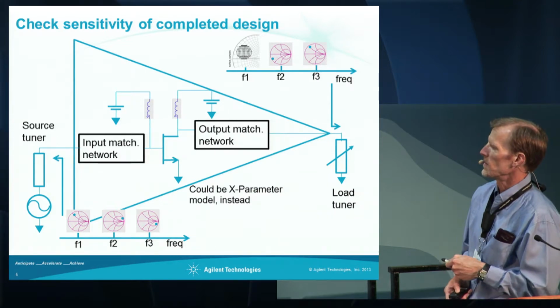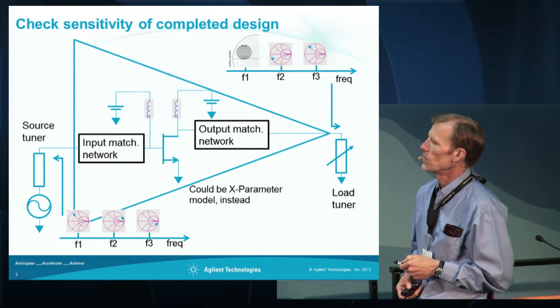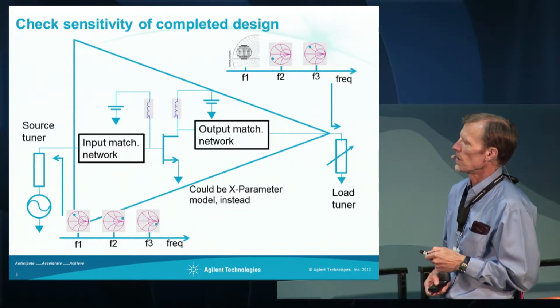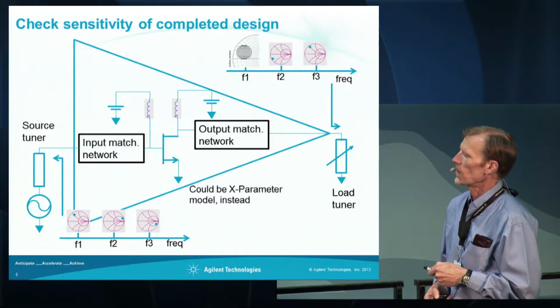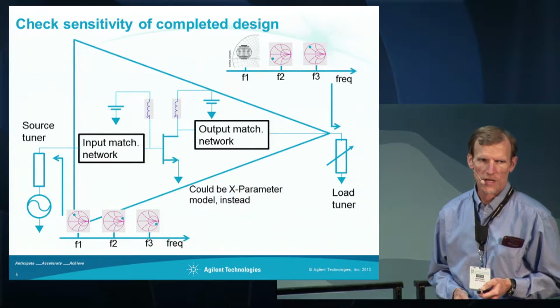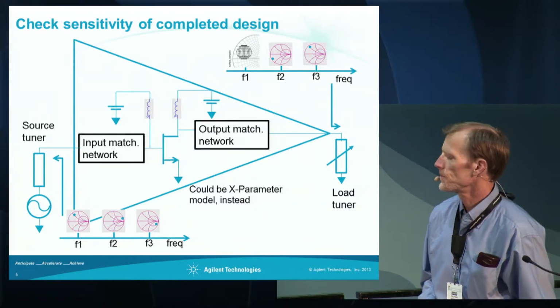Or maybe you assume that it's the input impedance of the next stage, for example. A sensitivity check would be to see how the performance varies as you change the external load, and that indicates the sensitivity of your design to external load conditions.